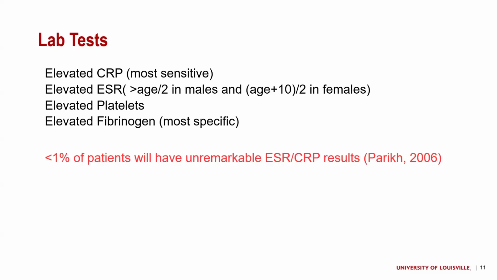There are a lot of patients who, by the time the ESR and CRP are checked, have been placed on steroids, and that will completely invalidate the results. So if someone's on steroids, you can't apply this rule. But if you're first evaluating a patient, they have not been started on steroids yet, and you check an ESR and CRP, and those are unremarkable, then at that point, this patient has a less than 1% chance of giant cell arteritis, and you should reconsider that as a diagnosis.